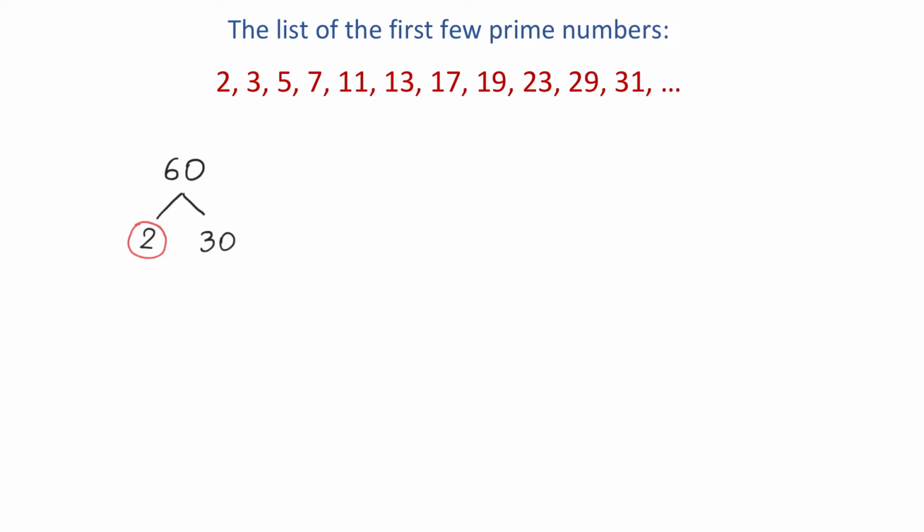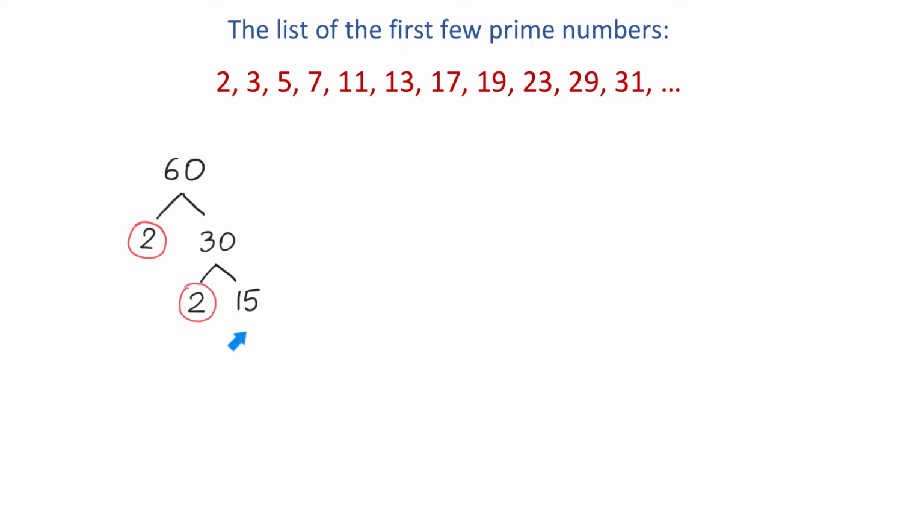From here, let's see if we can divide number 30 by 2. 30 divided by 2 is 15, so we will write it as a product of 2 and 15. And 2 is another prime number that will be part of the prime factorization.